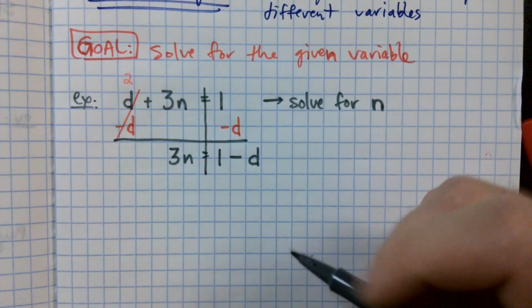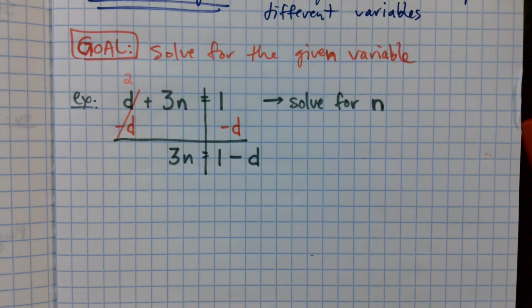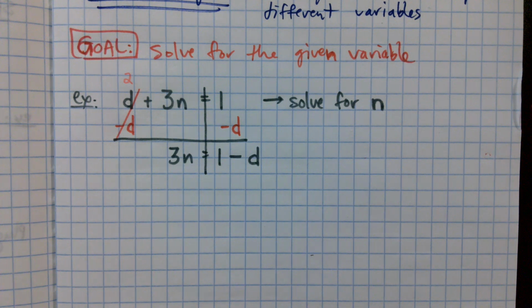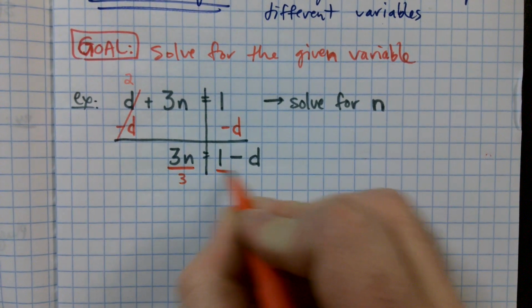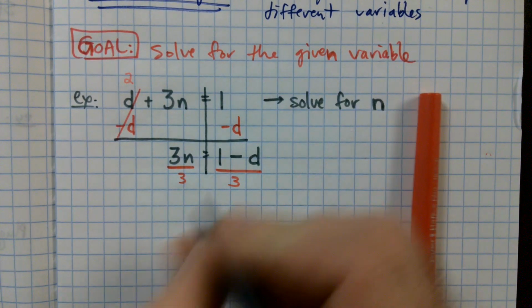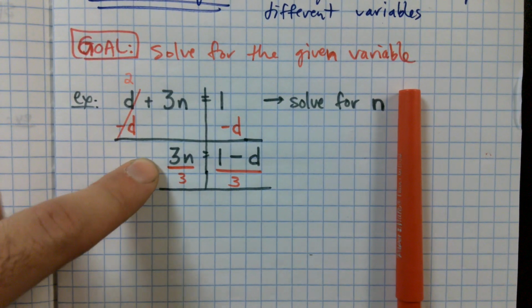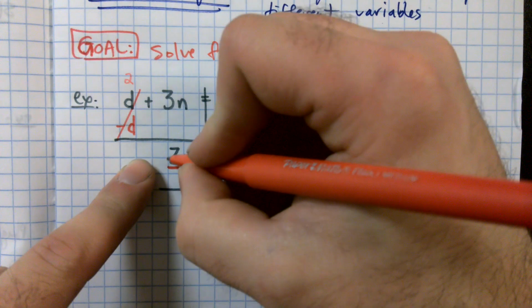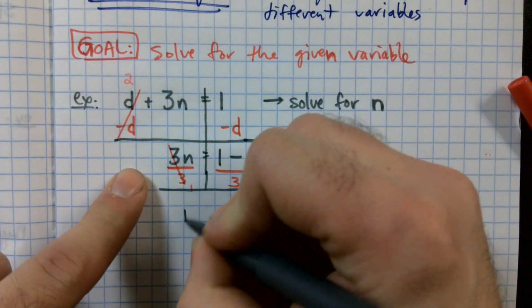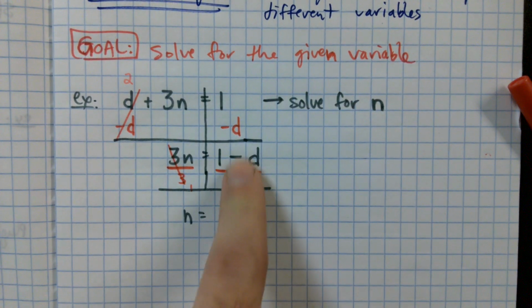What do I want to do now to get n all by itself? Divide, right? We're just doing what we've been doing. We're dividing both sides by 3. I think once you guys see how this goes, it'll make sense. What happens to my 3 over 3? Turns into 1, leaving me with n equals. Can I simplify this at all?